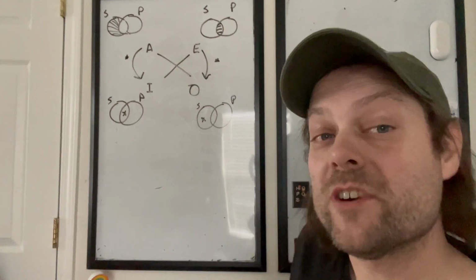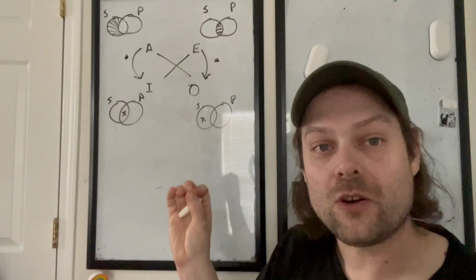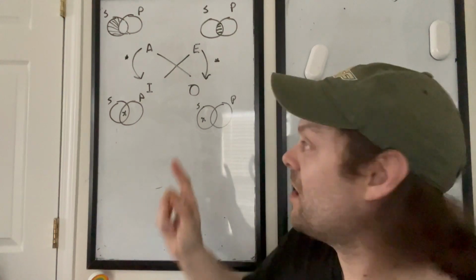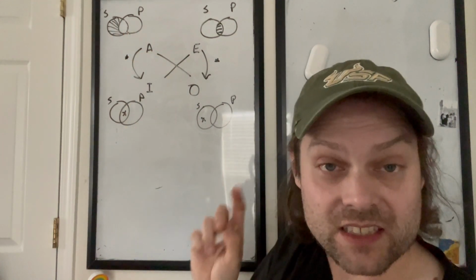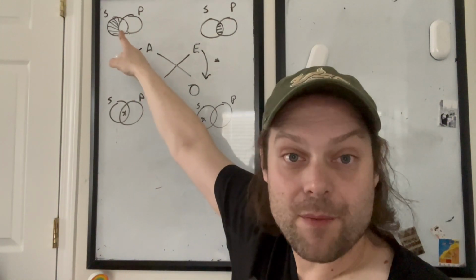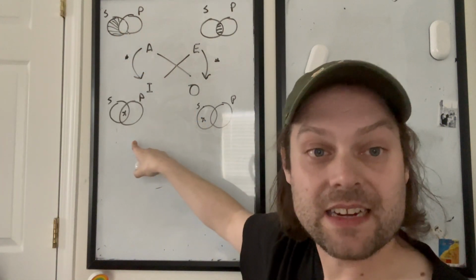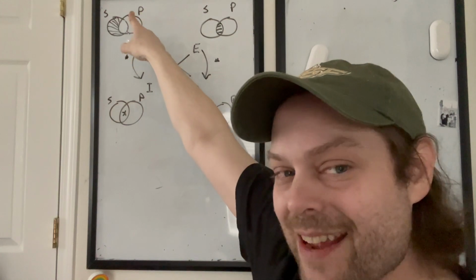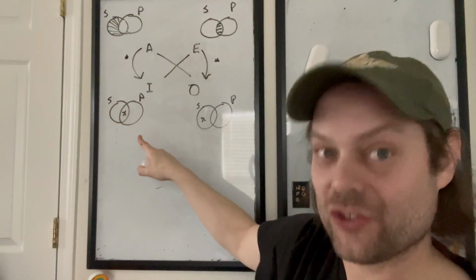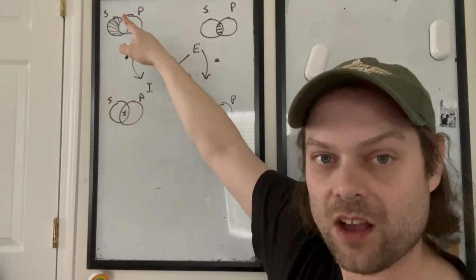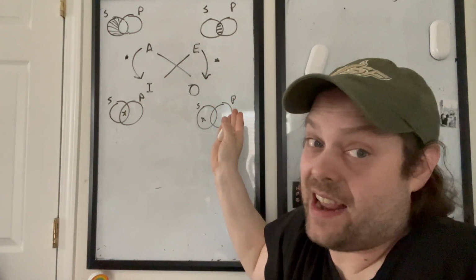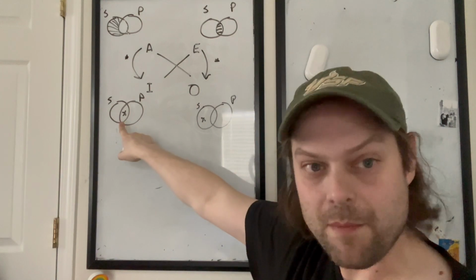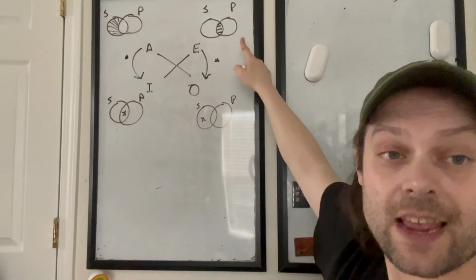So when we're dealing with categories that aren't empty, we can infer validly, this is a good inference, from the A statement that the corresponding I statement is true. If all S are P, and there are any S's at all, then some S are P.